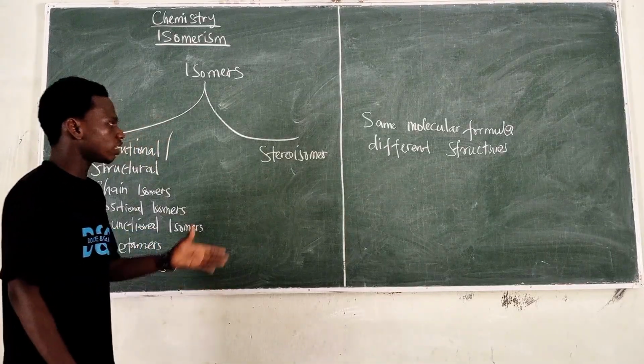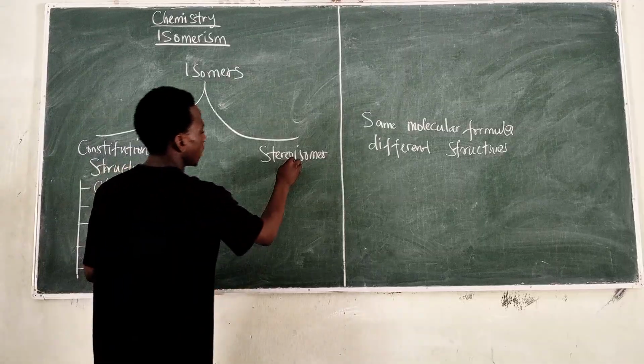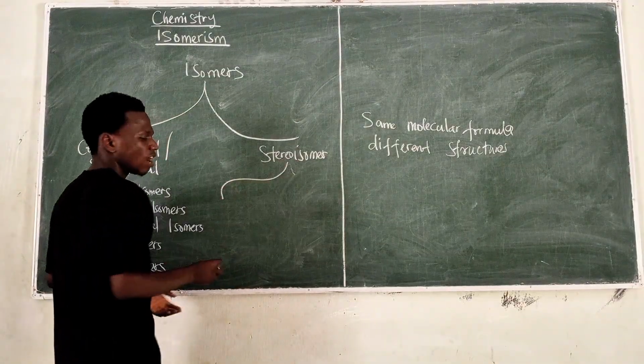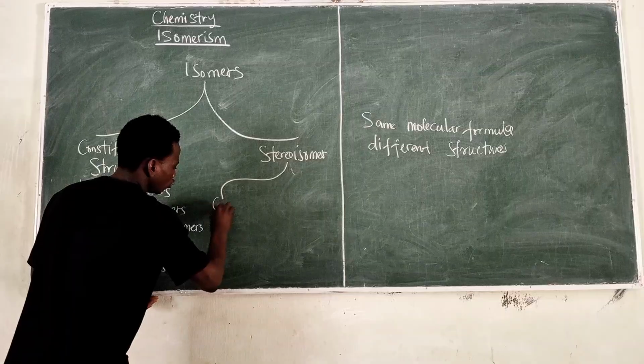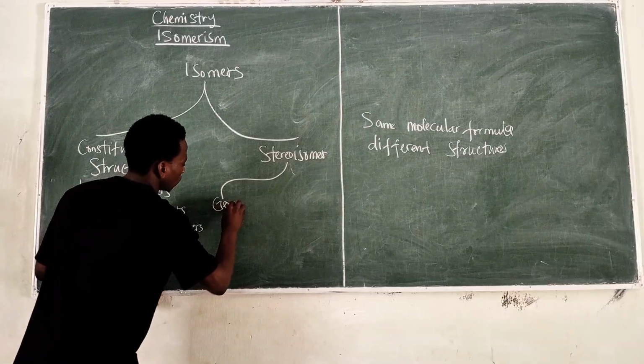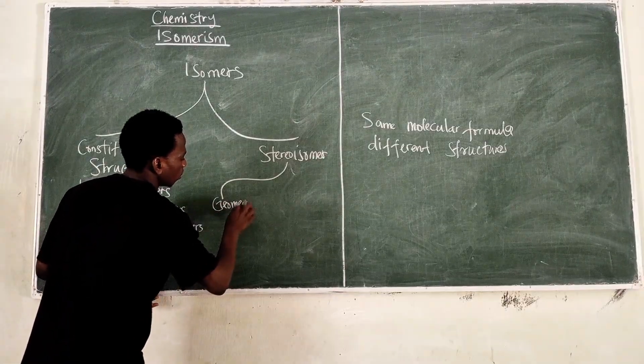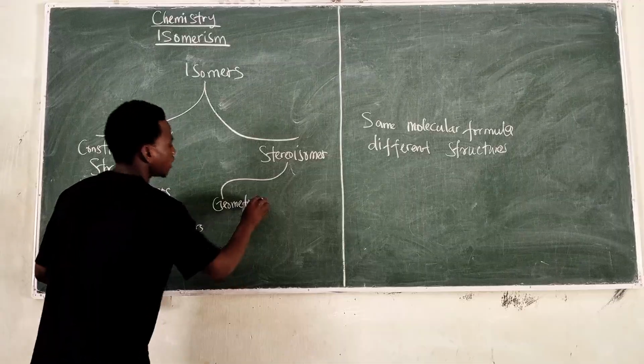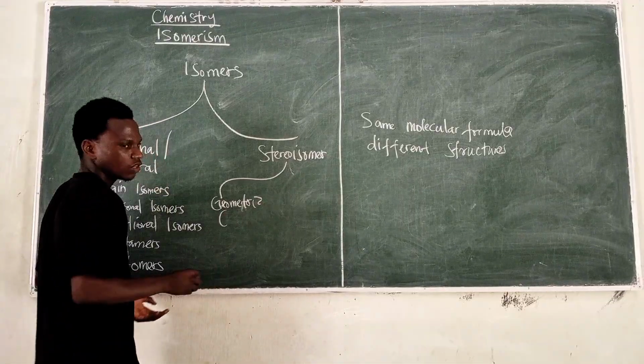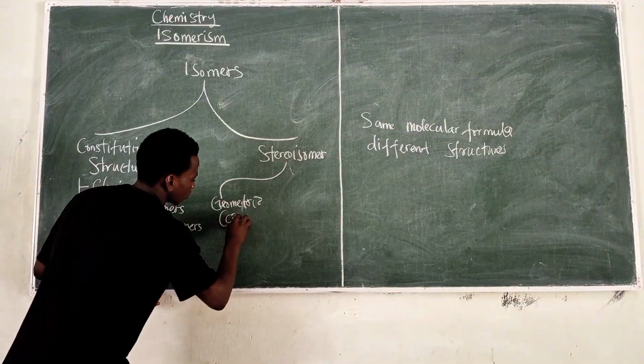Stereoisomers are also classified into 2. We have number one of them called geometric isomers, which is commonly known as the cis-trans isomers.